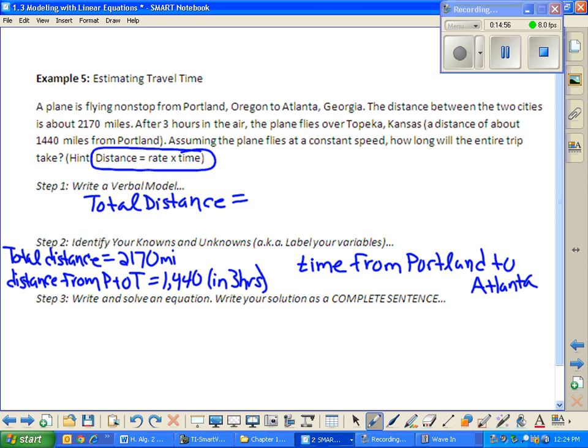So I can use this distance equals rate times time idea to help me figure out the time of my total trip. So I'm going to use the rate, but I'm going to steal the rate from the distance from Portland to Topeka. So I'm going to do a separate little calculation to figure that out.